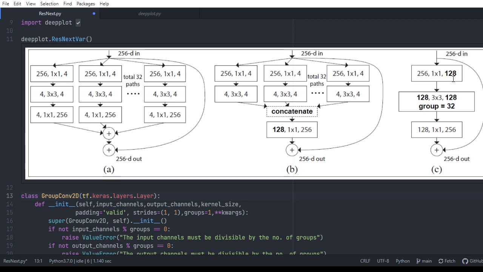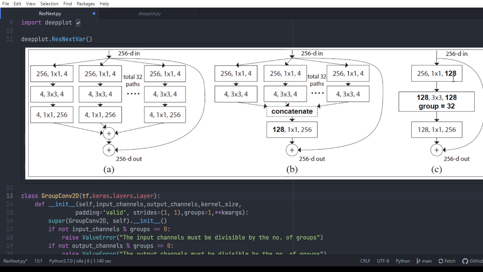Now these 32 groupings will be passed through convolution layers that have been stacked into groupings of 32, such that each will have four filters, and then later on the outputs of the stacked convolution layers will be concatenated, and passed through a last convolution layer of 1x1, and then the output will be summed with the skip connection, after which we pass it through a ReLU operation, and then we take it out of the residual block of the ResNext.